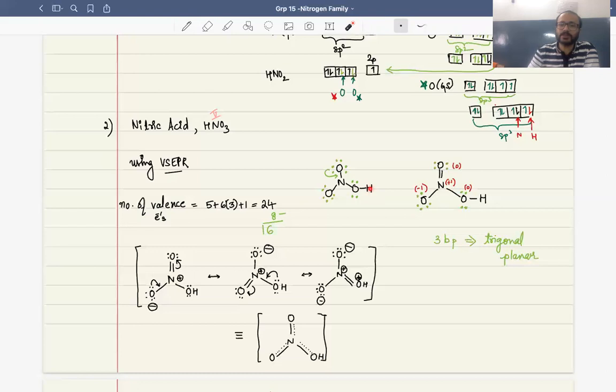Okay, so this would be the basic structure, and then what we do is we will join each atom via a single bond. So there are a total of 4 single bonds, so that means 4 bond pairs, so we have to account for 8 electrons. So we subtract 8 electrons from the number of valence electrons, and we found it to be 16.